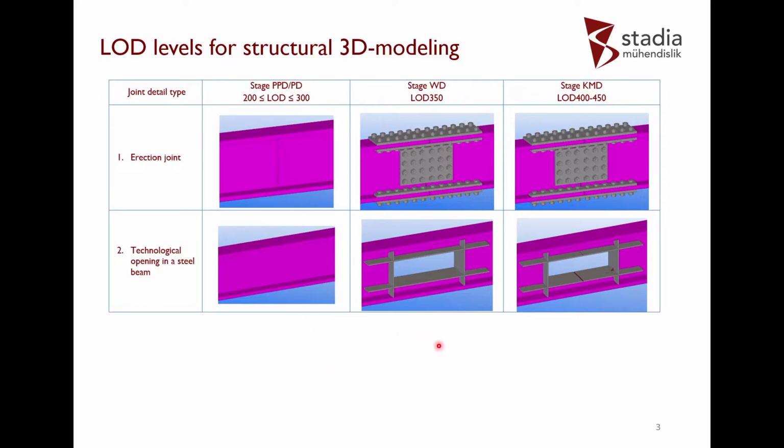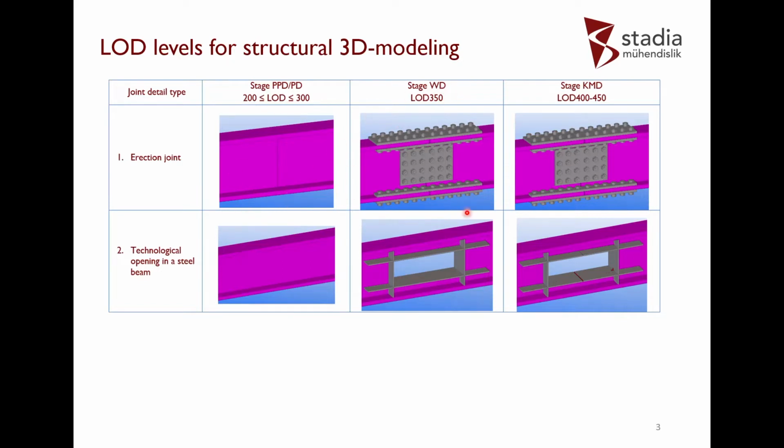In the second column, we have working documentation and KMD documentation, which mostly also covers as-built. The biggest difference is that in the first column, project documentation, we don't have joints at all.